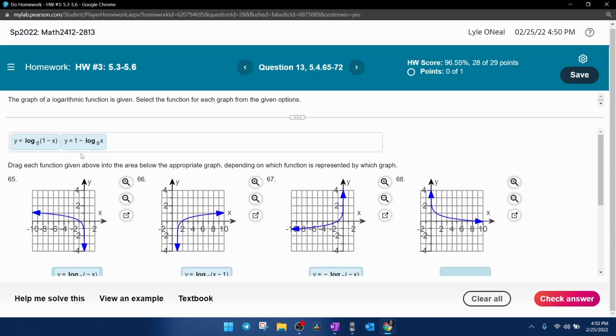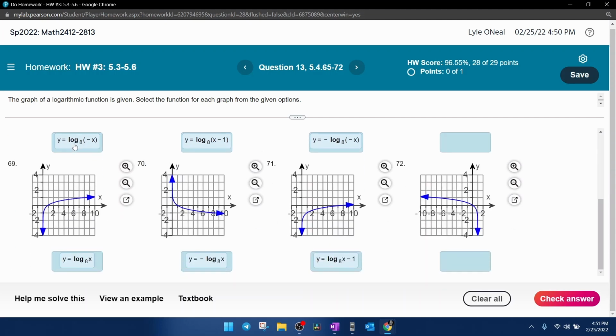So let's see what we've got. This particular equation has a negative in front of the log. That would represent a vertical flip, and the 1 would be a vertical shift. So if we go back to our standard function 69 and do a vertical flip, we're going to need a graph curving down to the right, but shifted vertically 1 space.